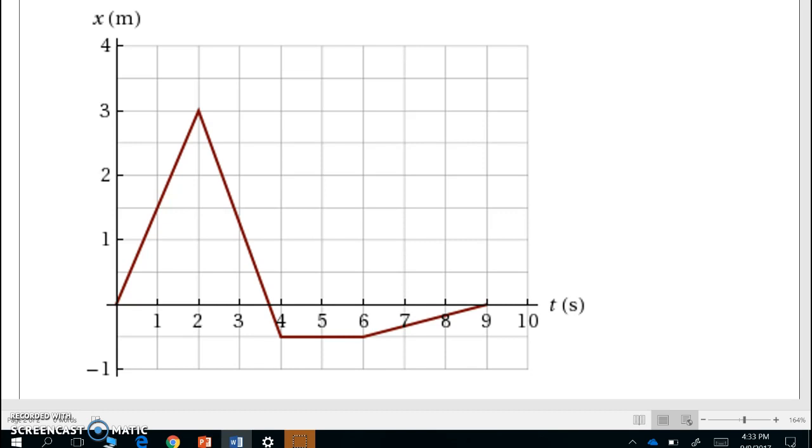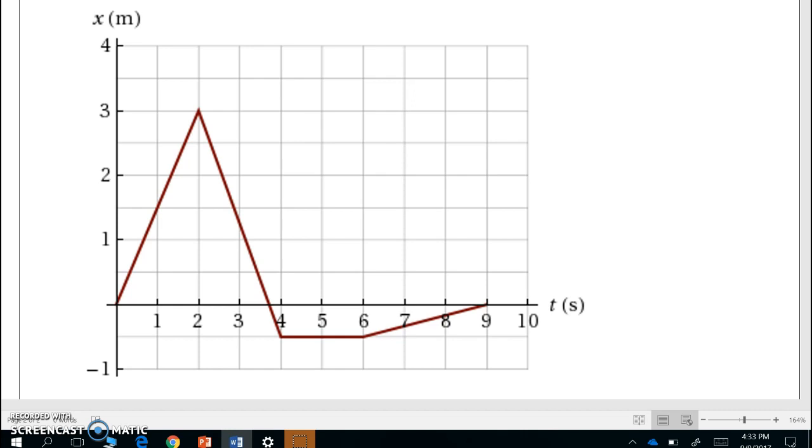And what is it doing from 2 to 4 seconds? Yes, it is moving in the reverse direction because the slope is negative, but again going at a constant speed. 4 to 6, no slope, that means it is not moving at all. 6 to 9, positive slope, that means again it is moving in the forward direction with a positive velocity.